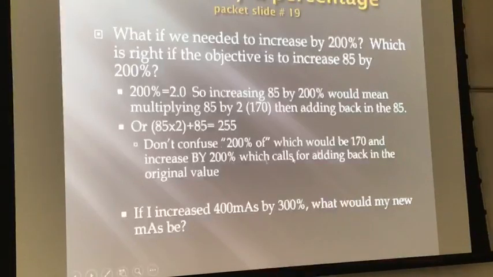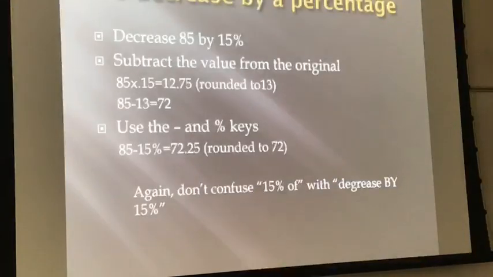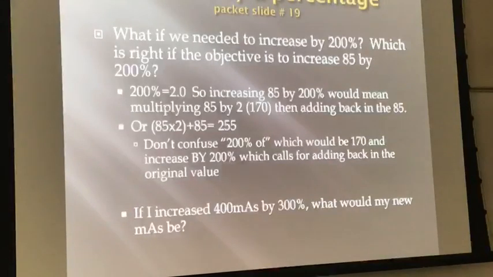So don't confuse 200% of, which is what 170 would be, with the increase by 200%, which would be 255. Wait, go back, what was the answer? The 85 increased by 200%, what was the final answer? 255. Okay.